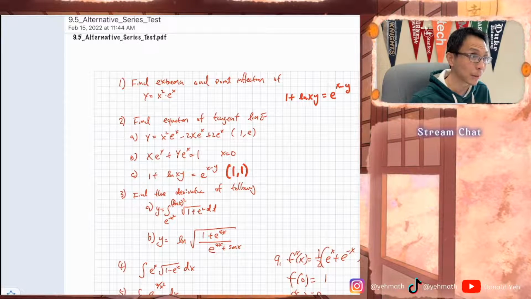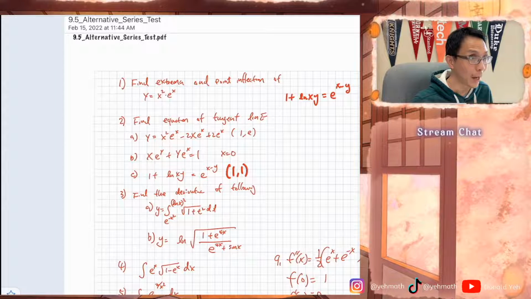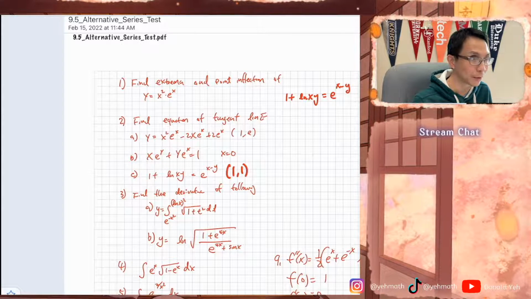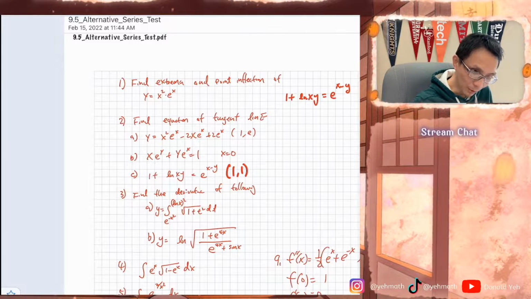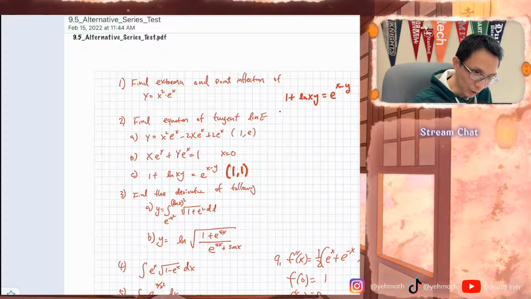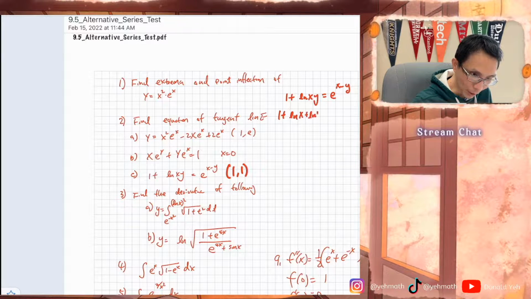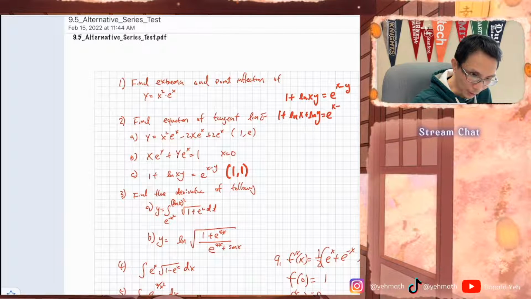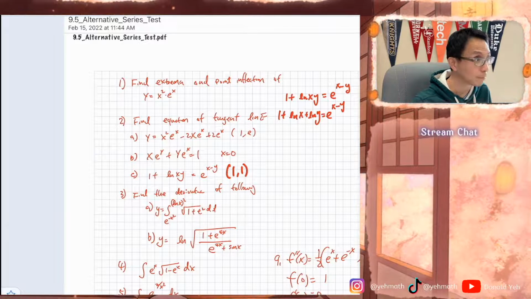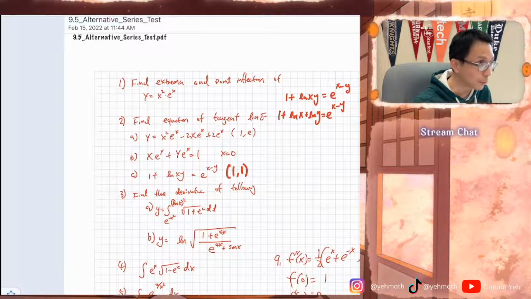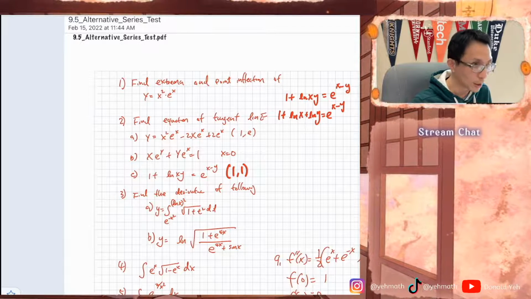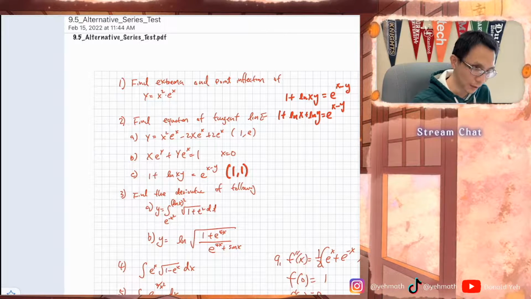Now, I'm gonna show you the wrong path first because I've got to show you how to take a derivative of this. If I take a derivative of this, I will change that to 1 plus ln of x plus ln of y equal to e to the x minus y. Does that make sense? So far it's the same course. Now we're gonna talk about where it deviates.